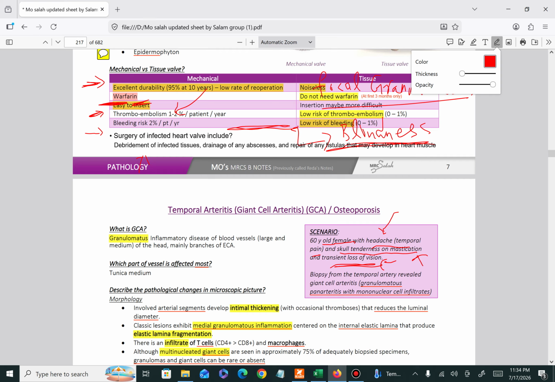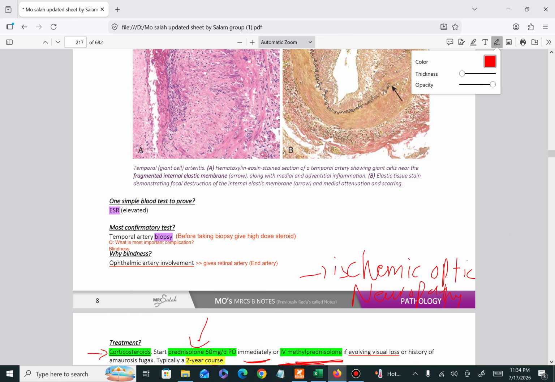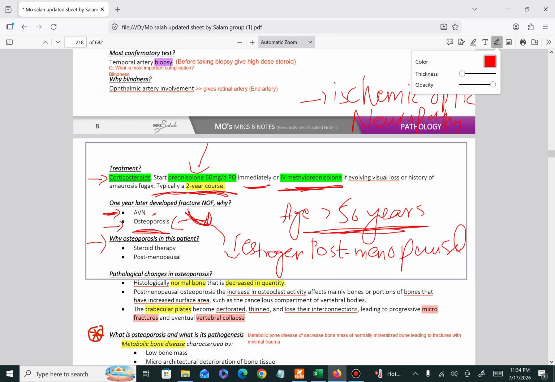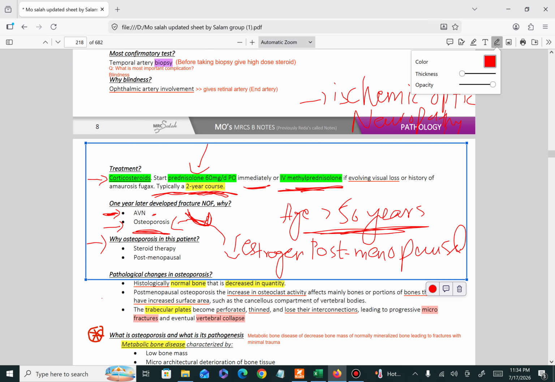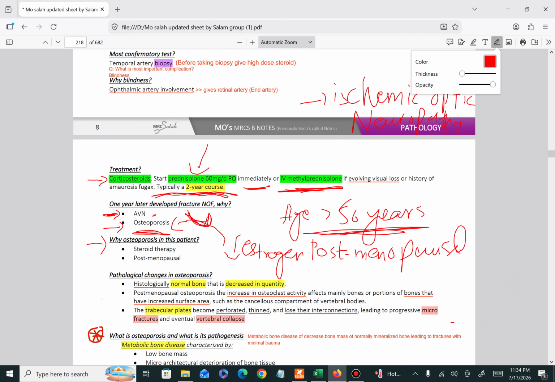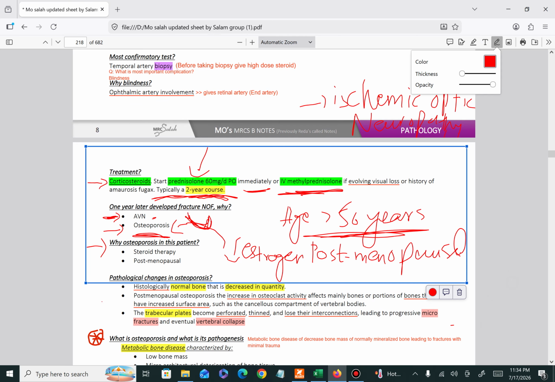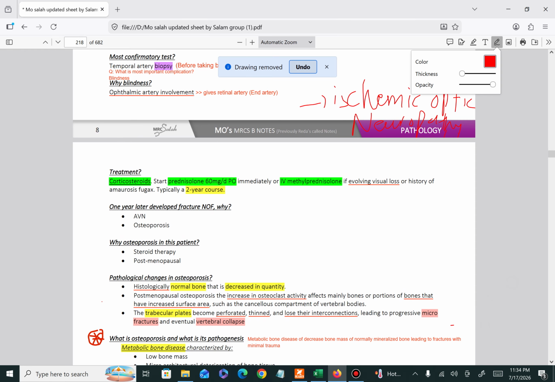Okay, so in this patient you can see the age is 60 years. This is an old age female. So in the old age female, osteoporosis has many reasons. Like the patient is taking steroid therapy, so due to steroid therapy, she can develop osteoporosis and avascular necrosis.